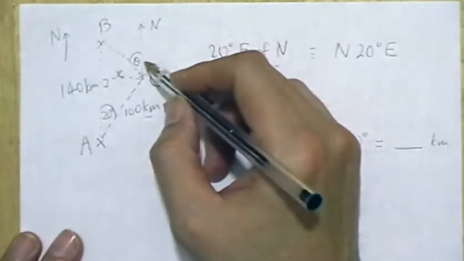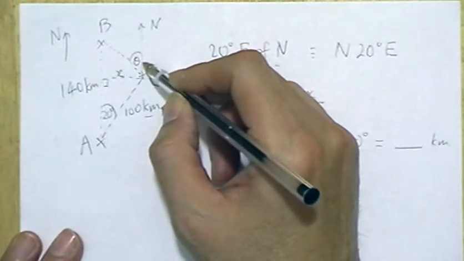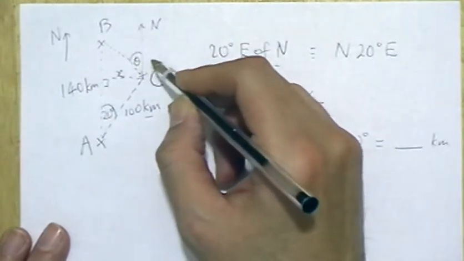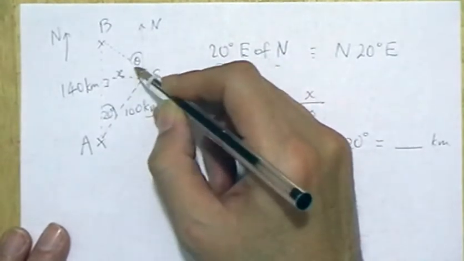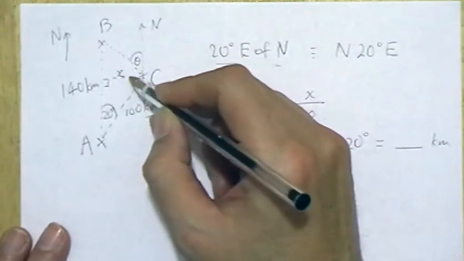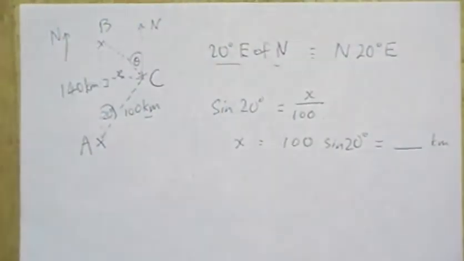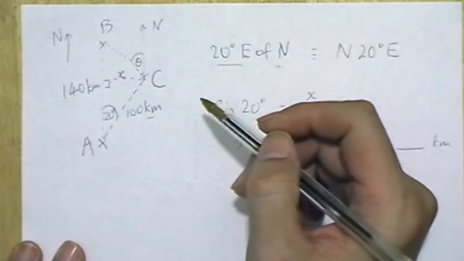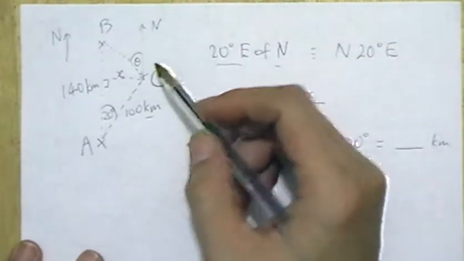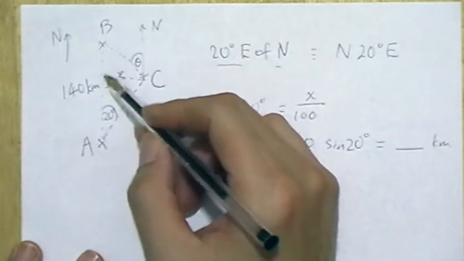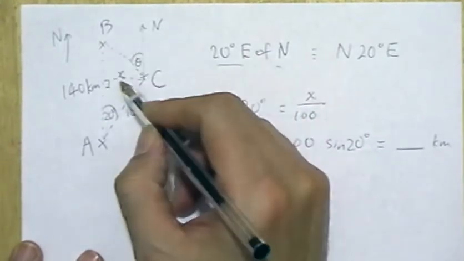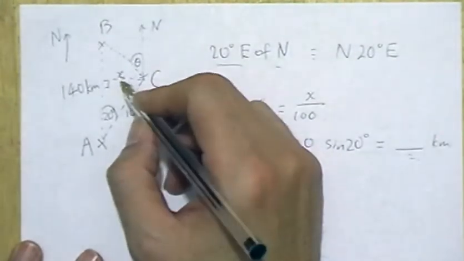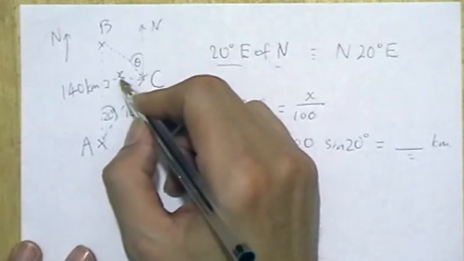Then after that I can either write down the bearing in terms of that angle, or I can find it in terms of this clockwise angle, all the way from the north clockwise to here. So either way, I can start by finding this angle. And let's see what we have here. Now we have this right angled triangle. Now x we should have found from here. So let's say that we already know what x is.